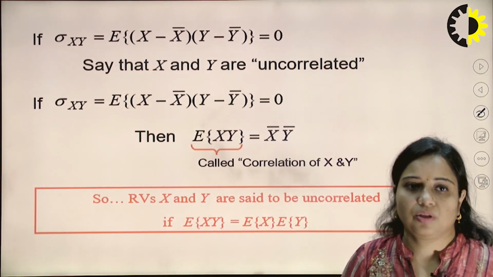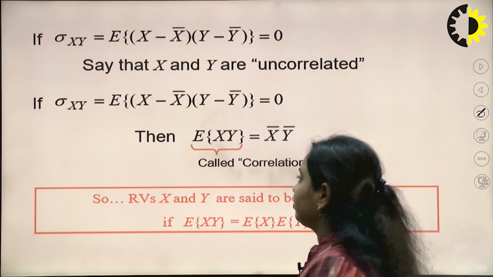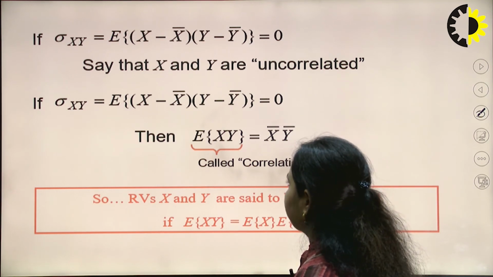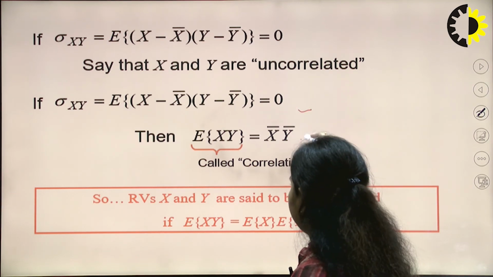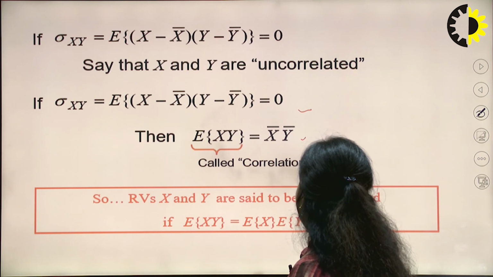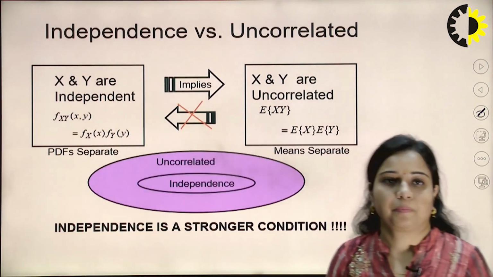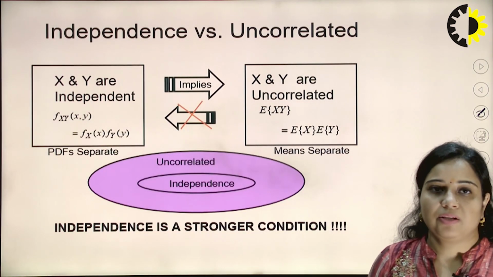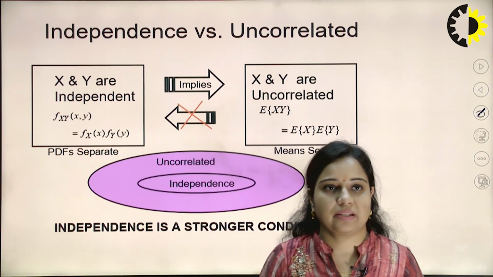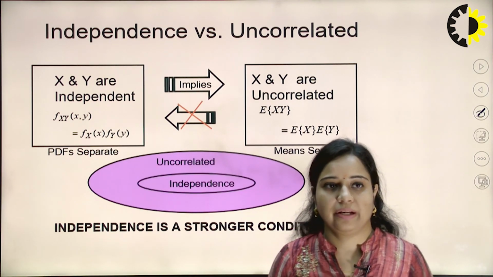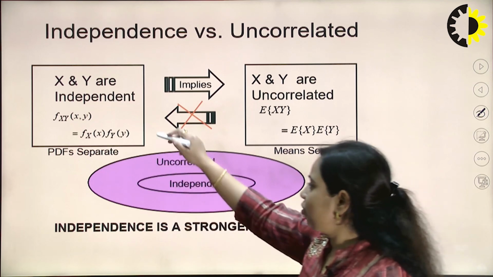Now, these are also the probability properties related to this case: if sigma x y equals 0, then x and y are uncorrelated. Next is independence versus uncorrelated. When x and y are independent of each other, then f x y is given by this formula.